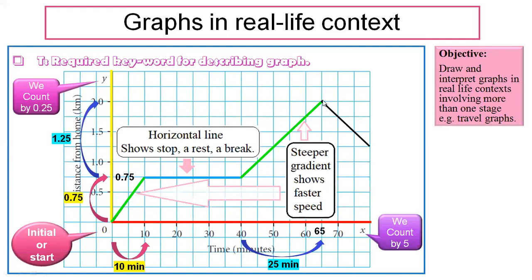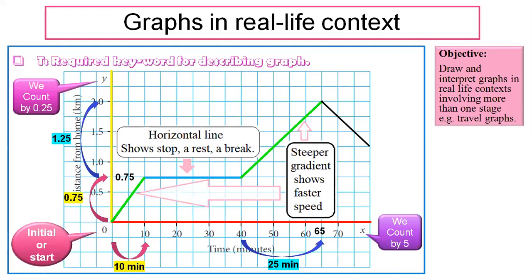So the green line ends here. If you go down, it didn't stop at 70. It stopped between 60 and 70, which is 65. So 40 to 65, how many minutes are there? 25 minutes. You just subtract 65 minus 40.